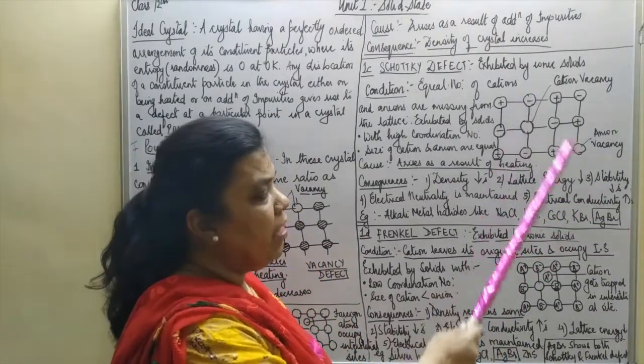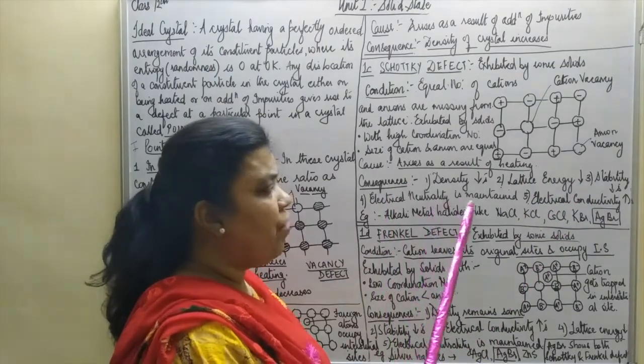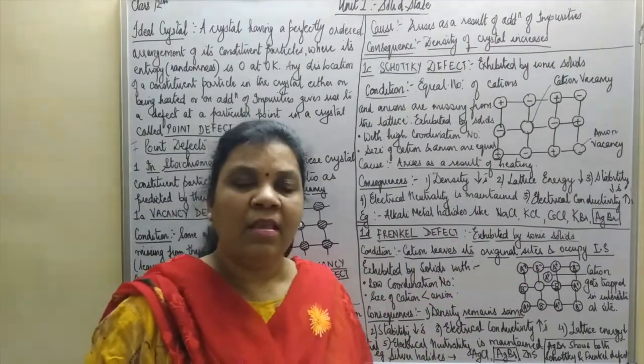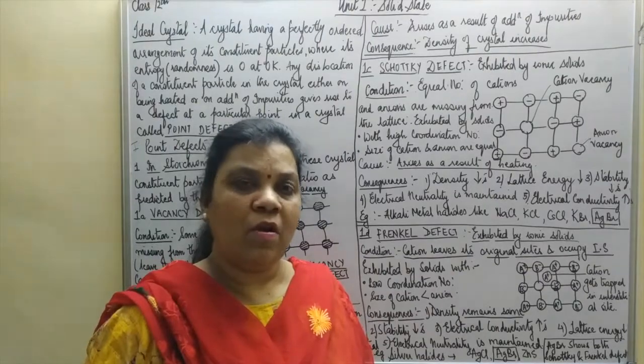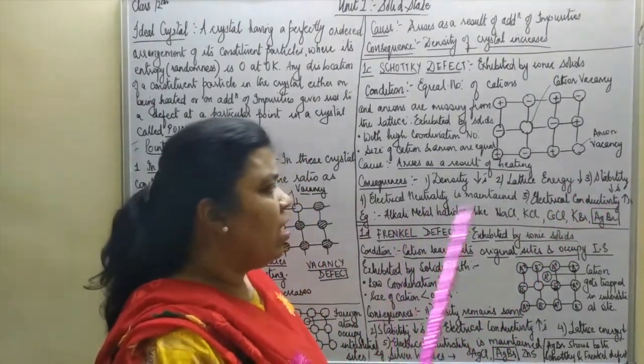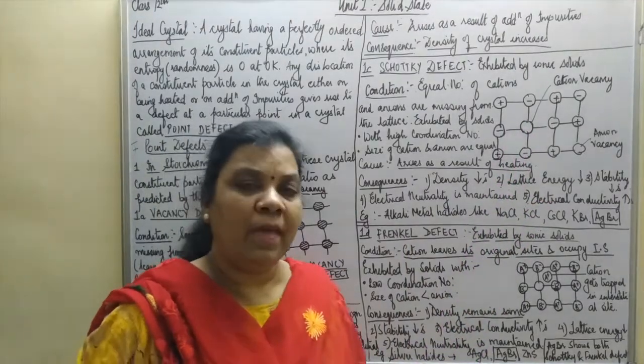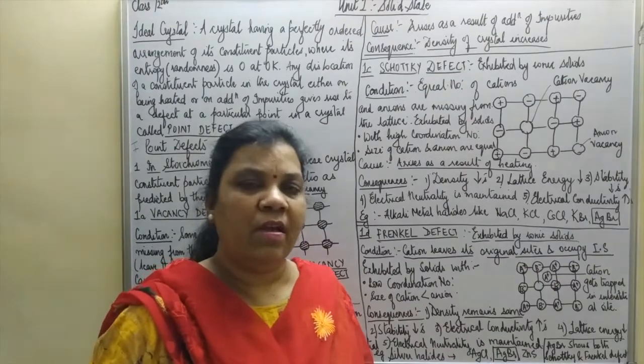Stability: because of the vacancy, the stability of the crystal decreases. Electrical neutrality is maintained since the cations and anions are lost in equal numbers. Electrical conductivity increases. Why? Because wherever there is a hole, there will be an increase in electrical conductivity.